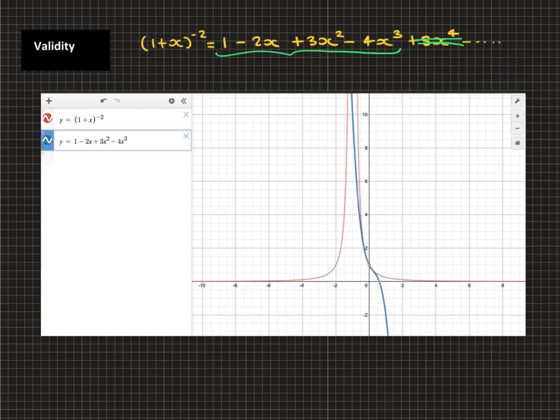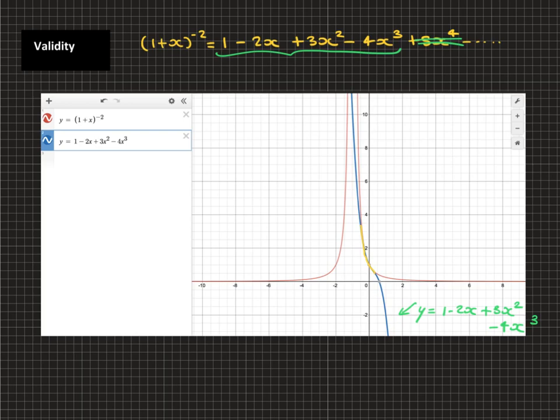So we keep going. This time, you can see the blue curve here is comprised of the first four terms of the expansion. So it's 1 take away 2x plus 3x squared minus 4x cubed. Now you can see that we get a really good fit across here between the blue curve and the red curve.